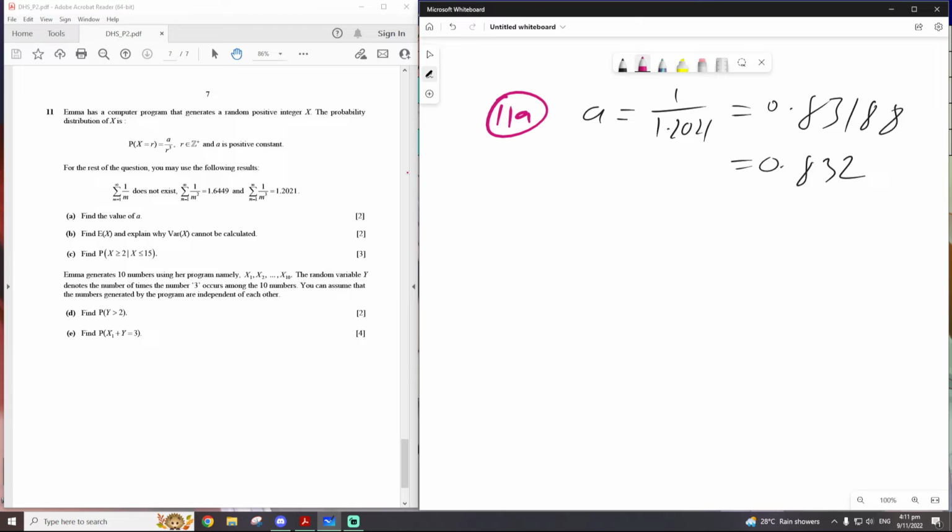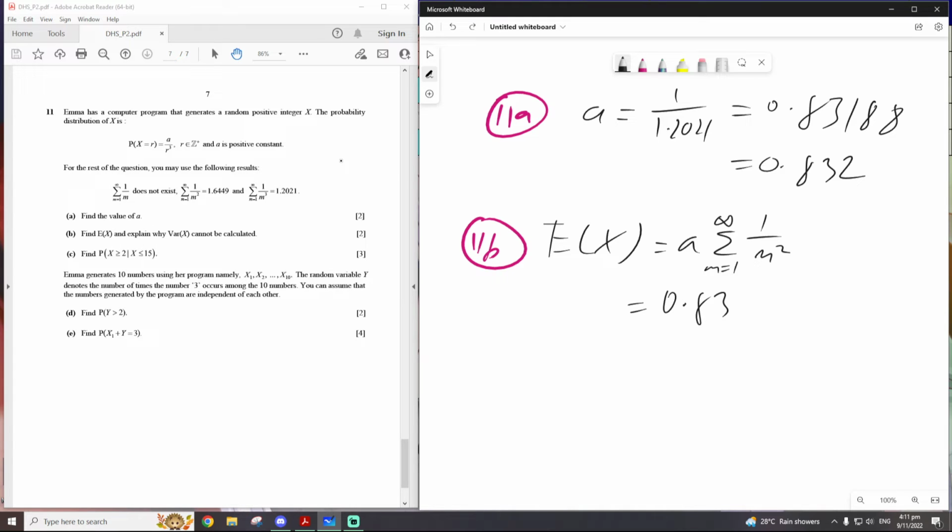Find expectation of X. Then explain why you cannot calculate variance of X. Okay, expectation of X is, so you're going to sum up m divided by m cubed for each one, then you multiply by A. So it's A times the sum of m equals 1 to infinity of 1 over m squared, and you will get 0.83188 times 1.6449.